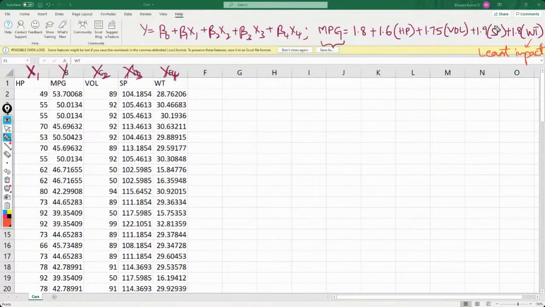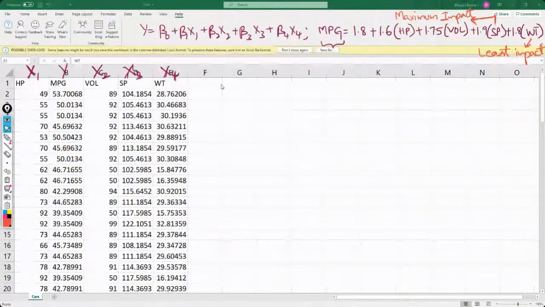So top speed will have the maximum or greatest impact. Weight will have the least impact. Top speed will have the maximum impact on mileage, just because of the scale or units. It shouldn't work that way.